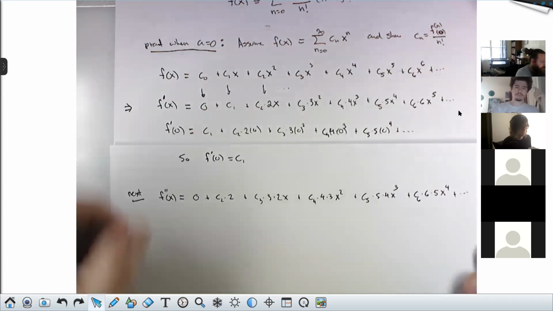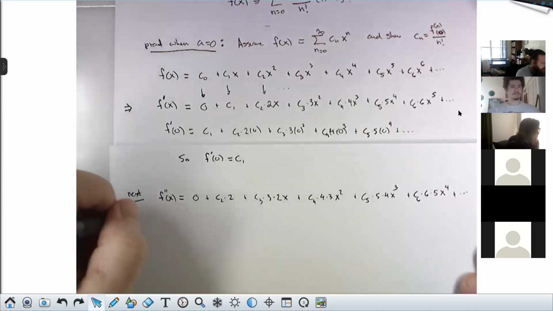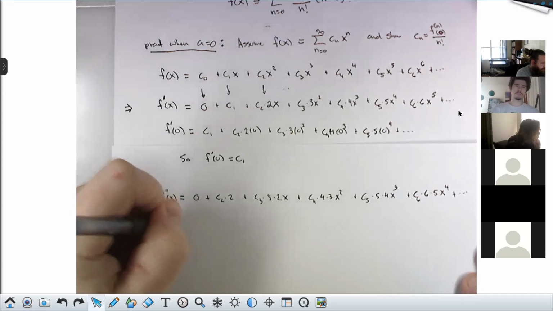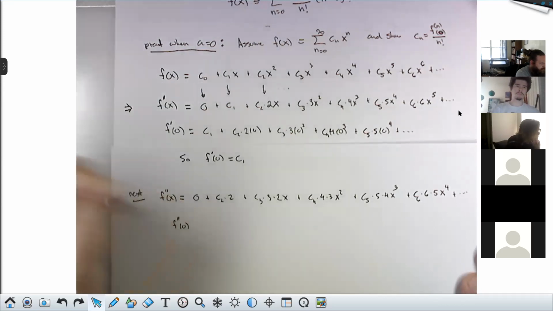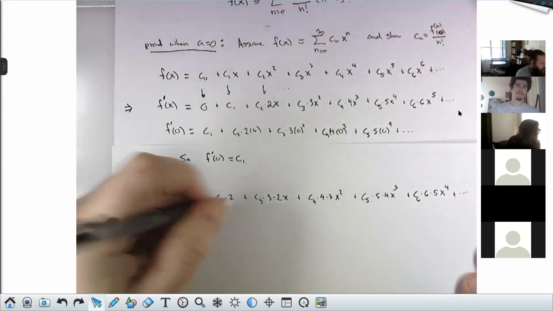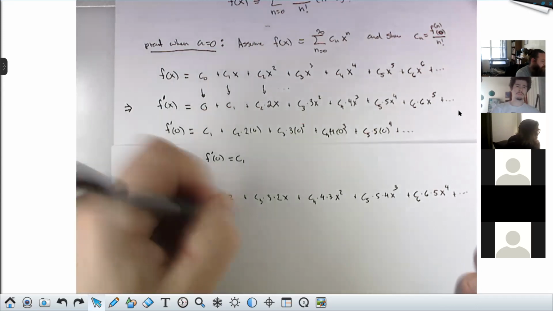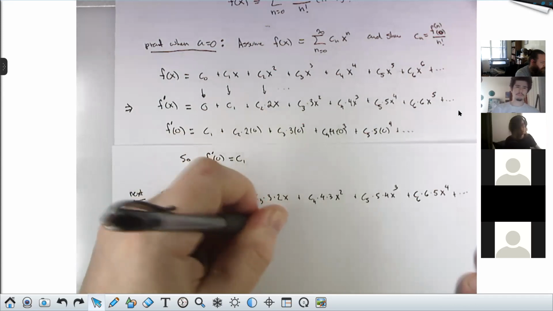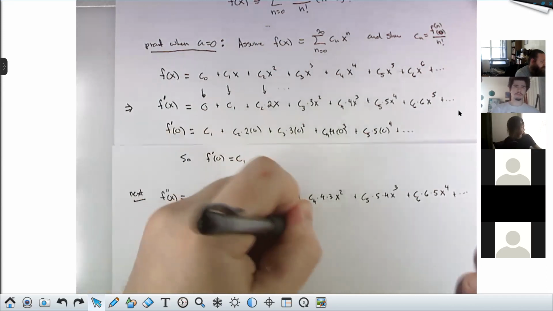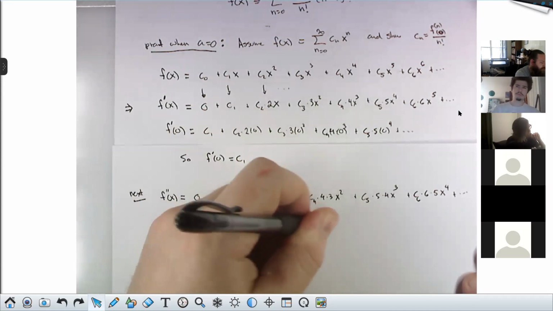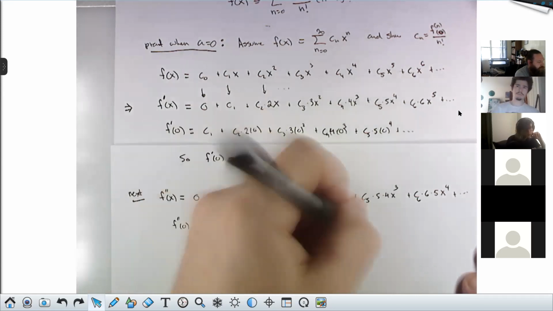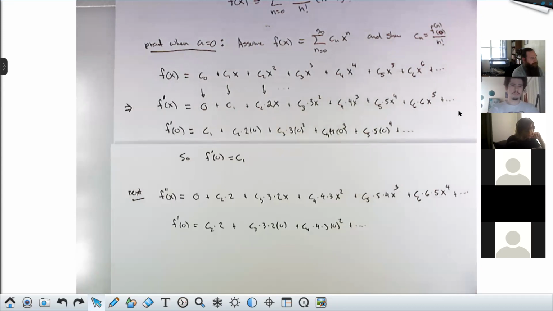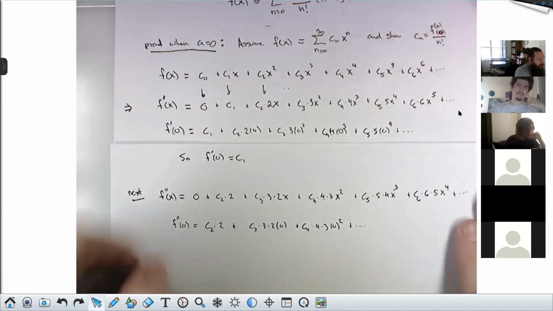And if you plug in 0, you'll get C2 times 2 plus a bunch of terms times 0, right? C3 times 3 times 2 times 0 plus C4 times 4 times 3 times 0 squared. All of these are 0. So f double prime of 0 is C2 times 2.